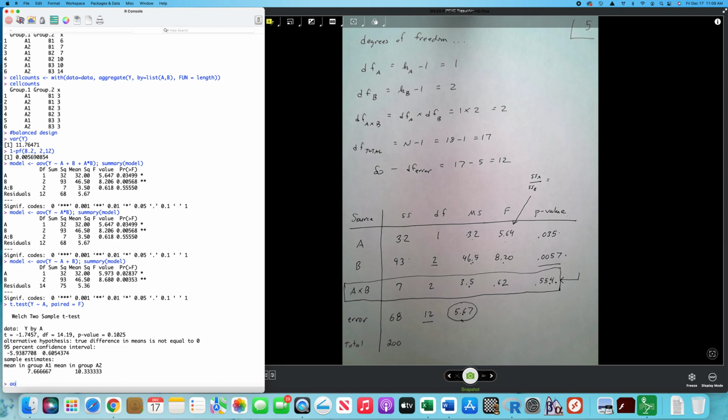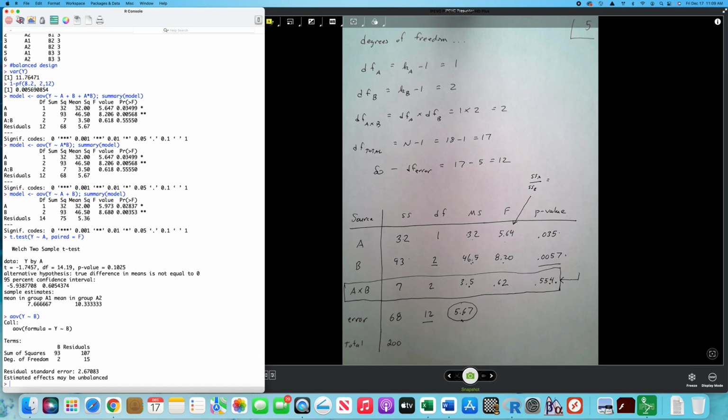Then I would run an ANOVA of Y over B. I'd want to run this. So anyway, I'm going to get into an example of that later, but just want to give you an idea of what I would do. I would dive into each of these effects, each of the main effects independent of the other. But I'll go through a thorough example.